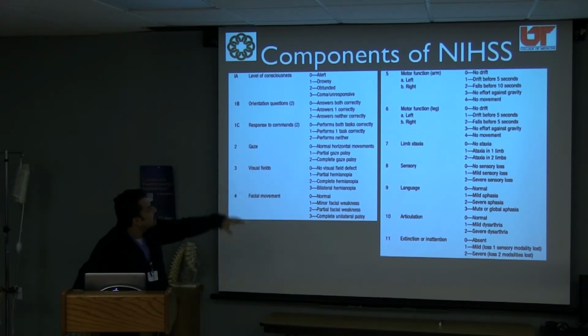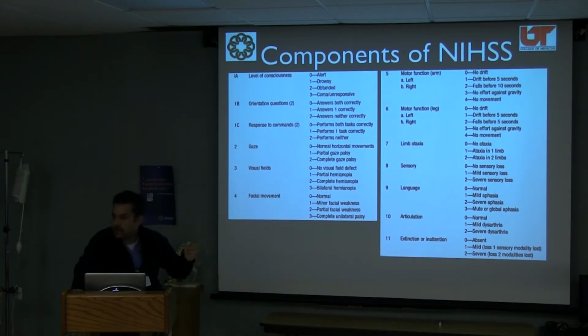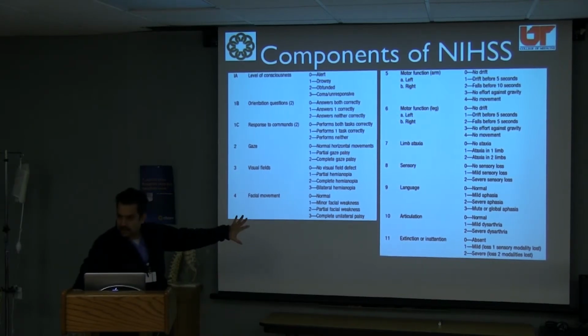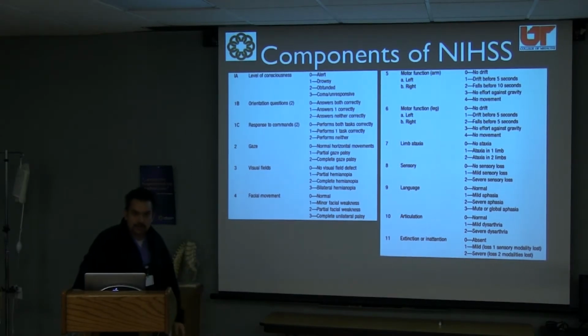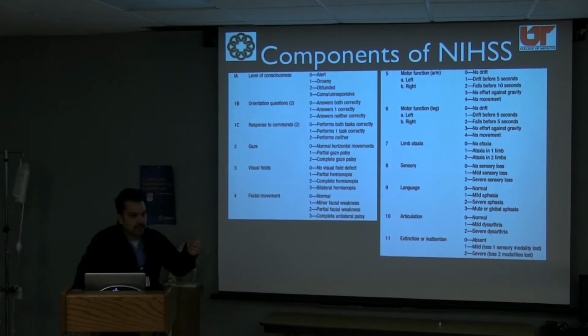If it's answering questions, following commands, but you don't have a full grasp on aphasia, then you do the language testing, and you don't have to bring your card and ask them to read and name and all that every time. You already have an idea. You already did your baseline whole NIH stroke scale. So randomly ask them to name something, a flashlight, a pen light, your watch, and listen to the articulation of speech.